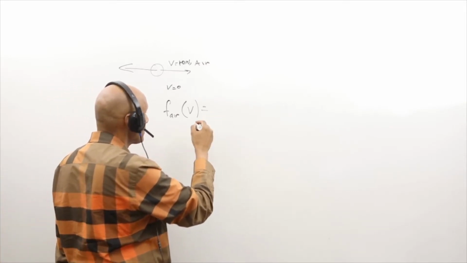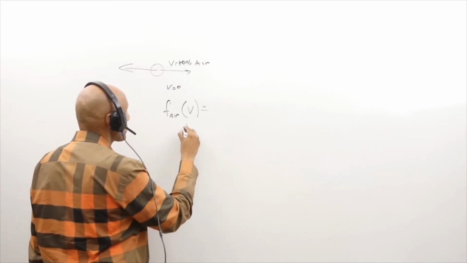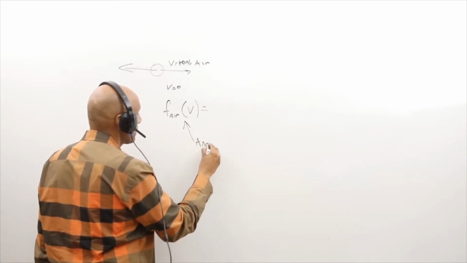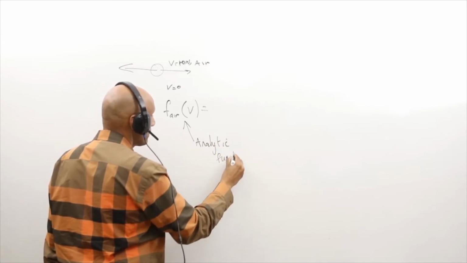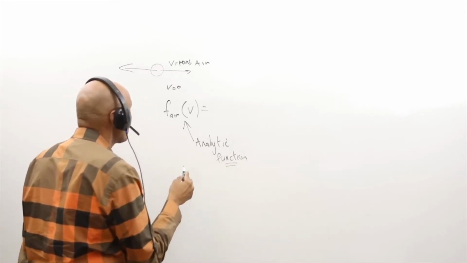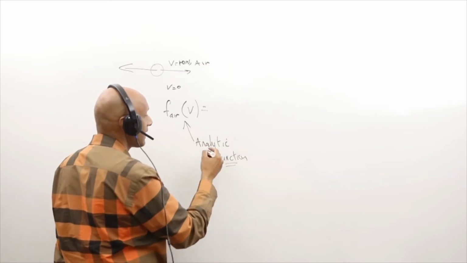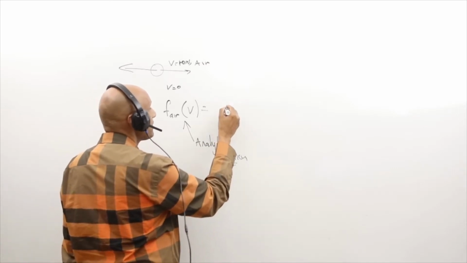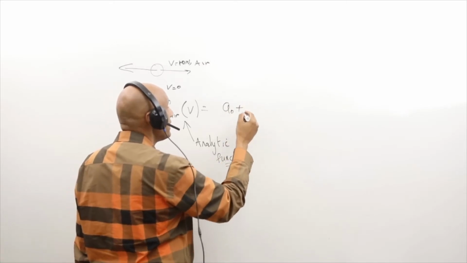We can imagine that this force is something called analytic. It could be an analytic function. And if it's an analytic function, we expect that it is some polynomial in the variable v.